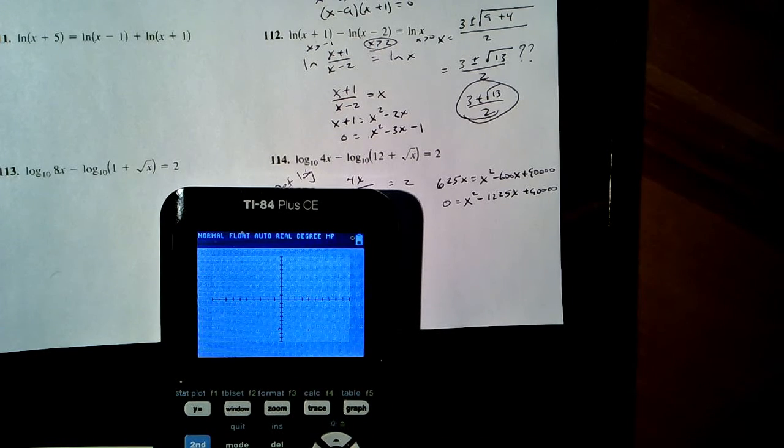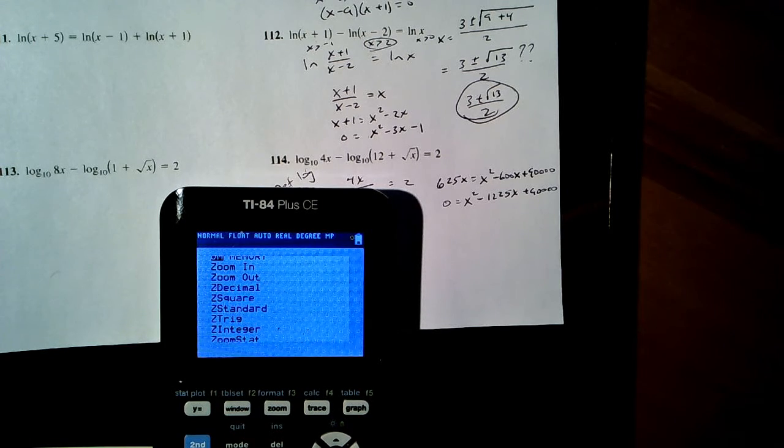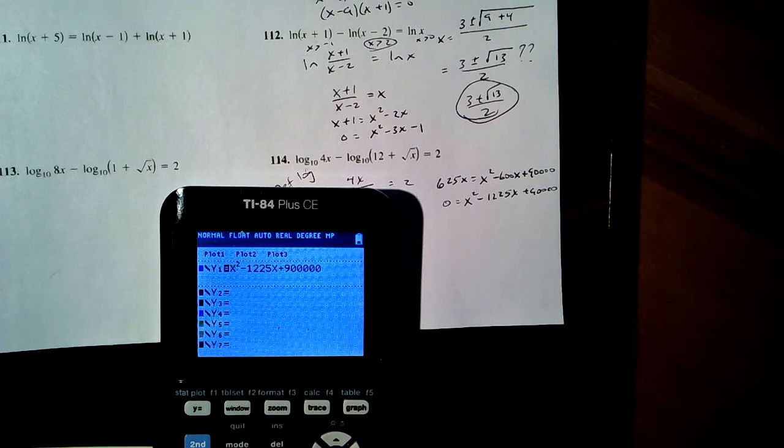Let's go ahead and graph this. I don't think so. I'm going to Zoom fit this. And we see y equals, did I actually have a parabola here? I did.